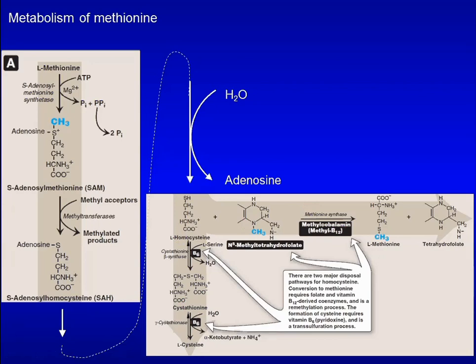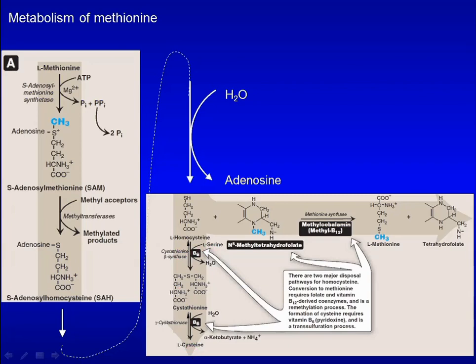First, conversion of homocysteine to cysteine takes 2 steps. In the first step, homocysteine and serine are condensed to form cystathionine.